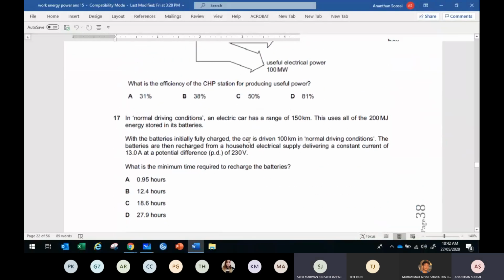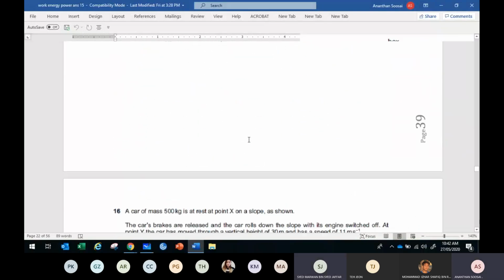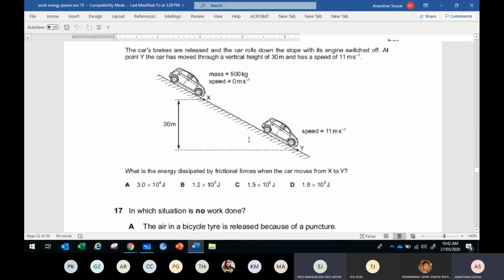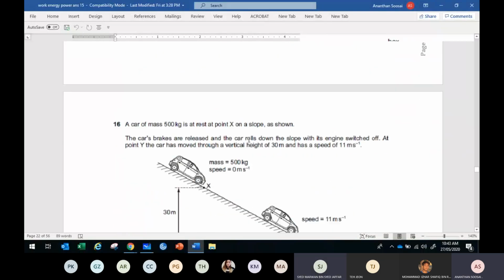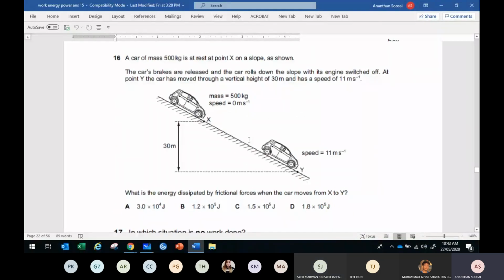I've got another inclined surface here. Okay, this one, page 40, question 16. Hope everyone gives me the same answer this time. Give it a try.